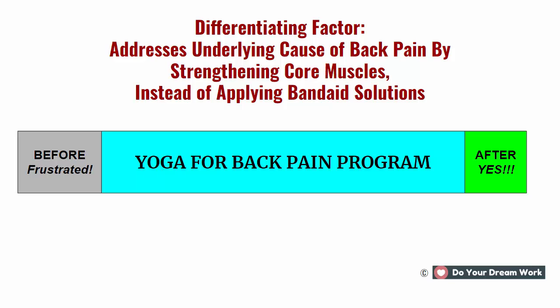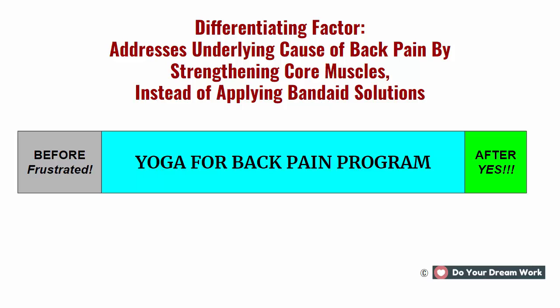Again, a few examples will clarify exactly what the differentiating factor is, and it can help you determine what your course's differentiating factor could be. So for the Yoga for Back Pain program, the differentiating factor is that it addresses the underlying cause of back pain.